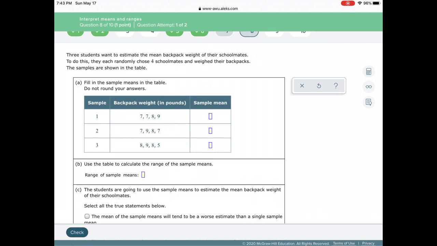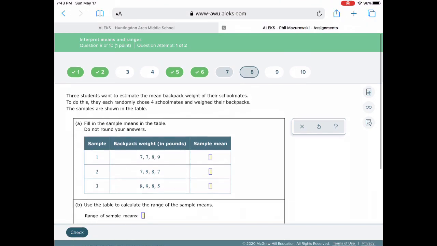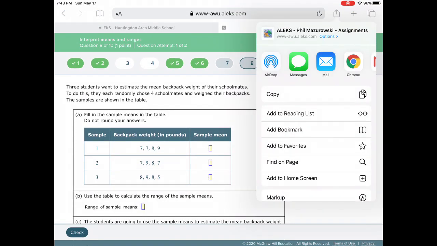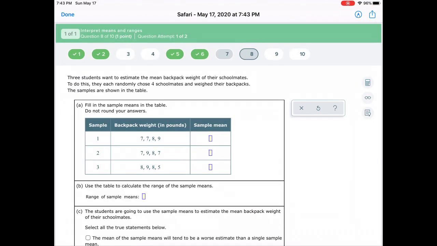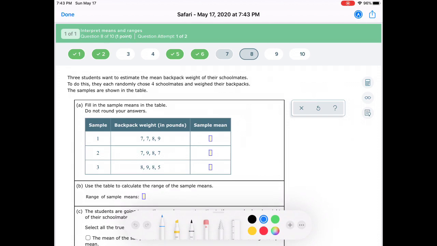All right, so the first one, the sample mean, we just have to add all of these numbers up and divide by however many there are to find the mean. All right, we looked at that before. So for number 1, we're taking 7 plus 8 plus 9, and there are 4 of them, so we would divide it by 4.